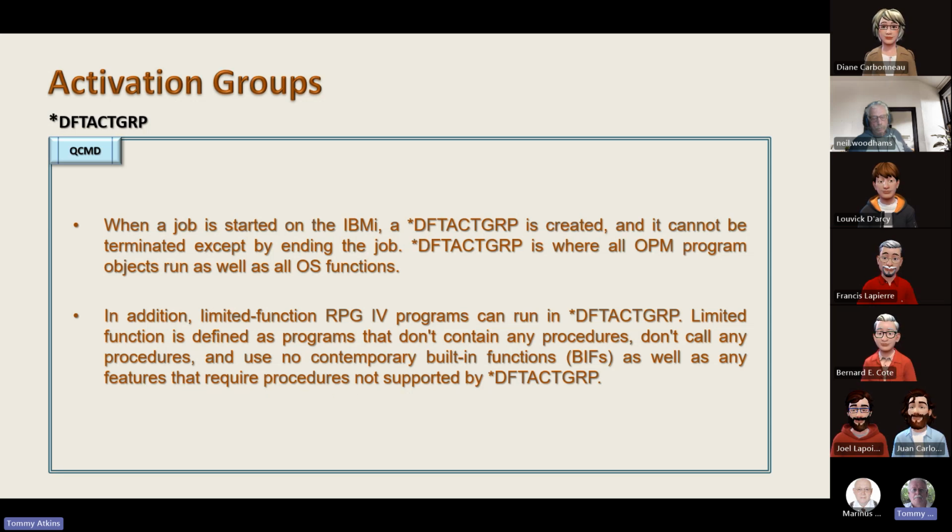So you can run your programs in the default activation group, but only the way you're doing it at the moment, with subroutines. You can't call procedures. You can't use some of the built-in functions, which are the later, fancier ones. So there are limitations.